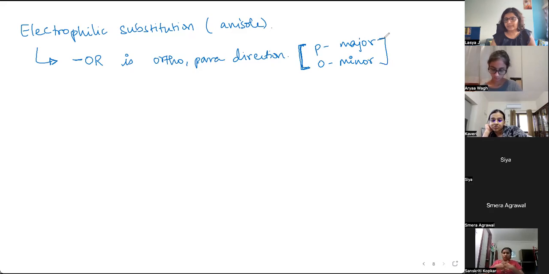Definitely a lot more than meta. Meta is less than 2%, less than 3%. Ortho is minor enough that between ortho and para, para is almost 90% and ortho is like 10%. A lot more than meta, but a lot less than para.